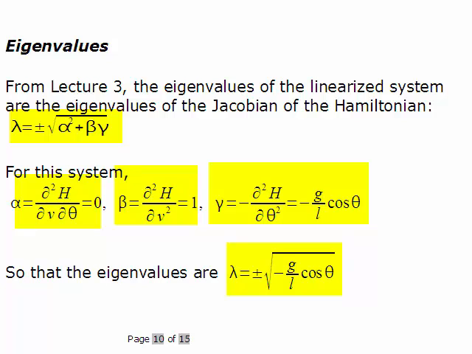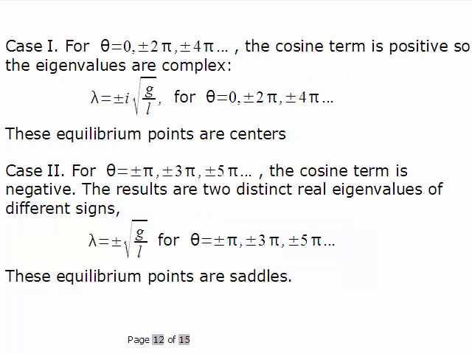So that infinitely long list of equilibrium points really reduces to just two cases. The case in which cosine theta is positive, and those will be complex, and the case when cosine theta is negative, and those are going to be saddles. Let's look at the first case. In this case, theta is going to be 0, plus or minus 2 pi, 4 pi.